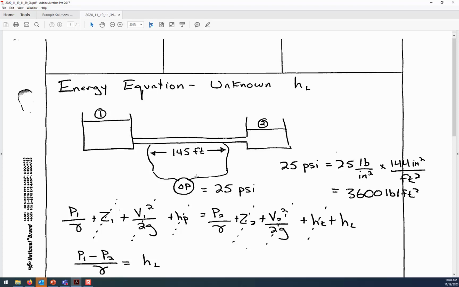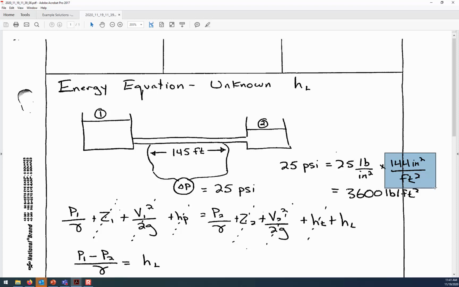So the 25 psi pressure difference, when we express that in terms of pounds per square foot, which is what we need to do since our unit weight is in terms of pounds per cubic foot, we have to multiply by 144 because there's 144 inches squared in a foot squared. So if there's 25 pounds in an inch, then there'd be 3,600 pounds in a square foot, because a square foot has 144 inches squared.